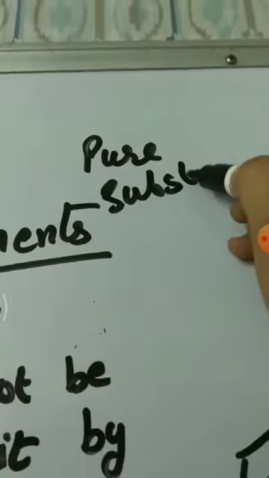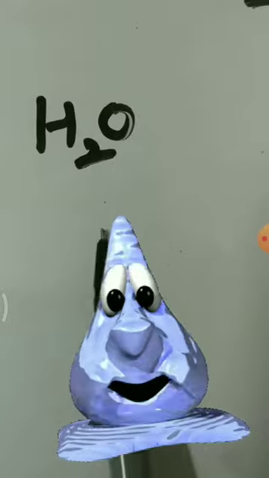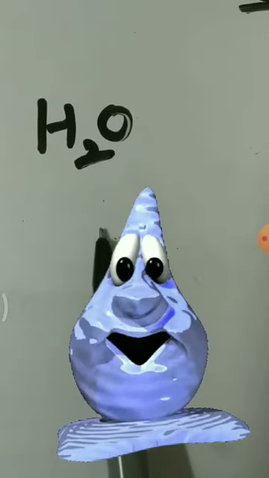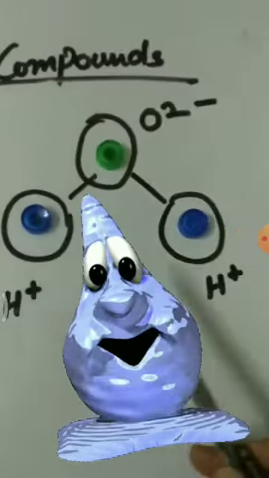For example, water. Water, it is formed by combination of hydrogen and oxygen. Carbon dioxide is a compound which is formed by the combination of element carbon and oxygen.